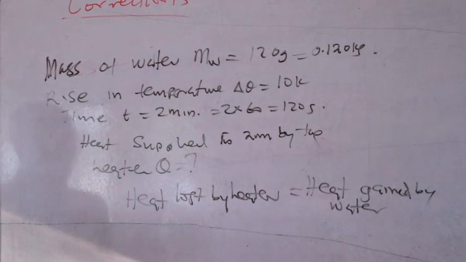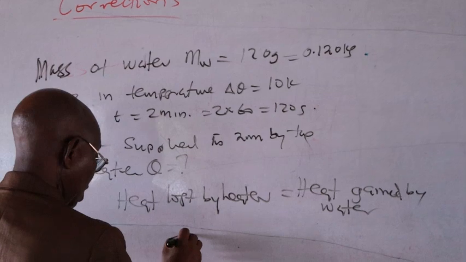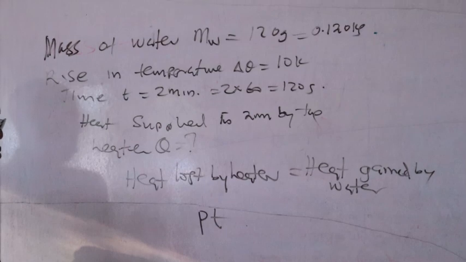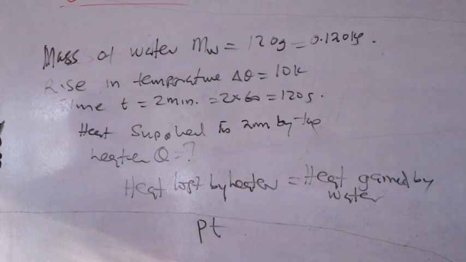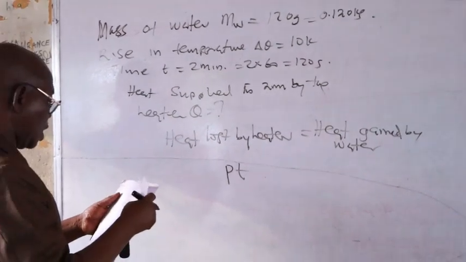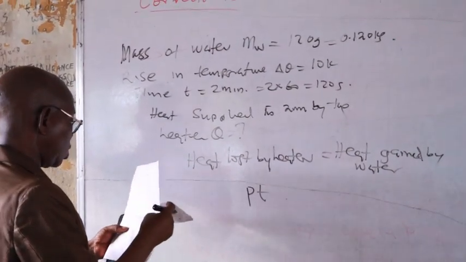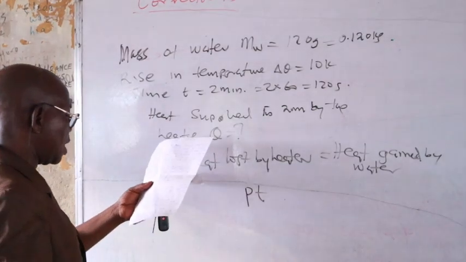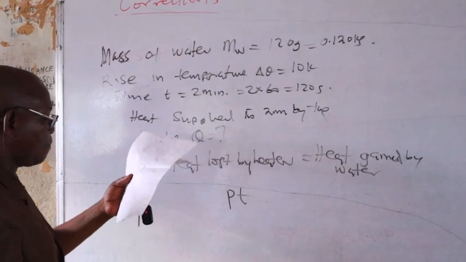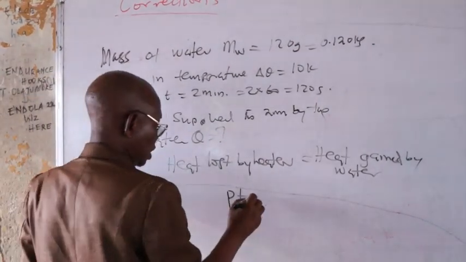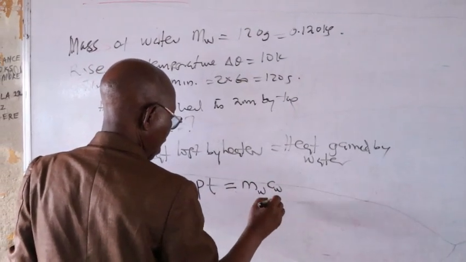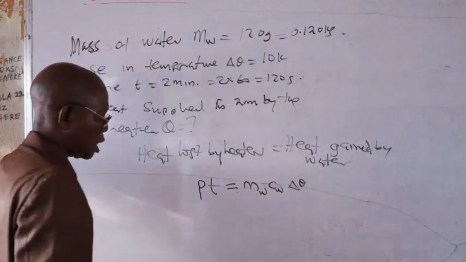So for the heat lost by the heater, I gave you the formula in one of the classes we had in the past. PT is equal to the quantity of heat lost by the heater. And you are asked to calculate the quantity of heat lost by the heater in 2 minutes. The heat supplied in 2 minutes by the heater is equal to PT, which is equal to mass of water times specific heat capacity of water times change in temperature of water.